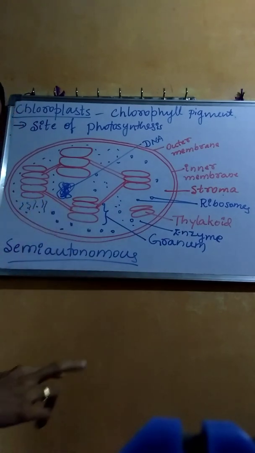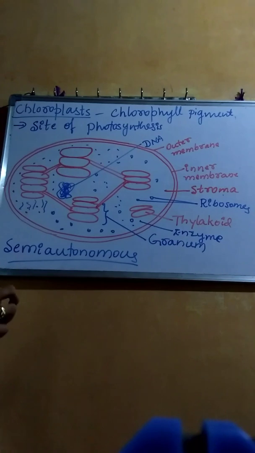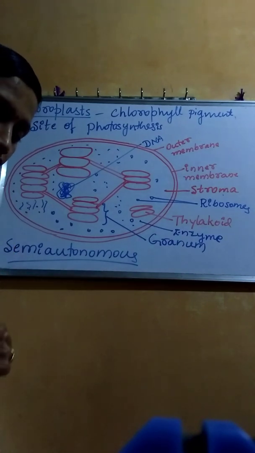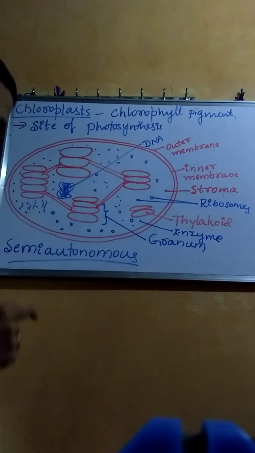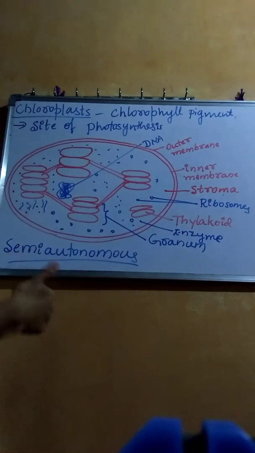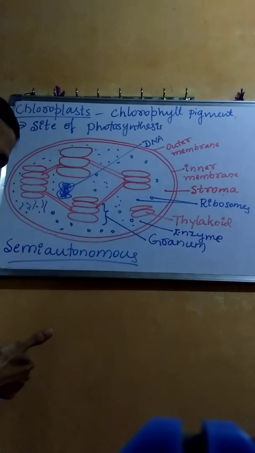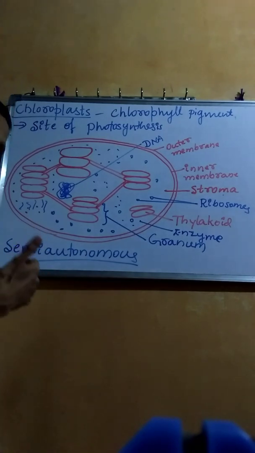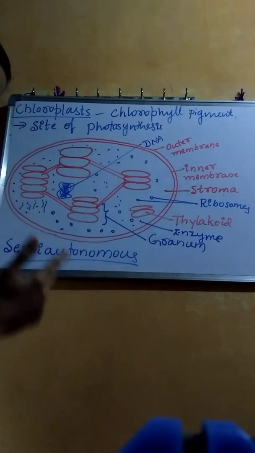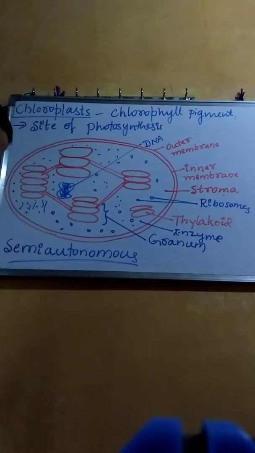Leucoplasts are the colorless plastids which are helpful in storage of proteins, starch and oil. Another function of the plastid is storage. Storage of protein is the function of aleuroplast. Storage of starch, amyloplast. Storage of oil, eleoplast.